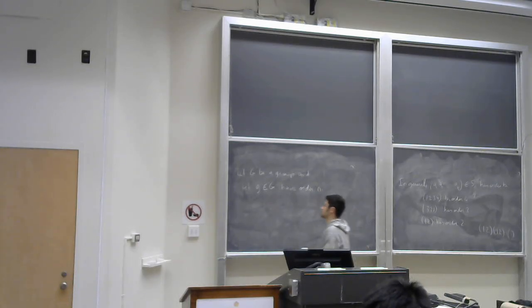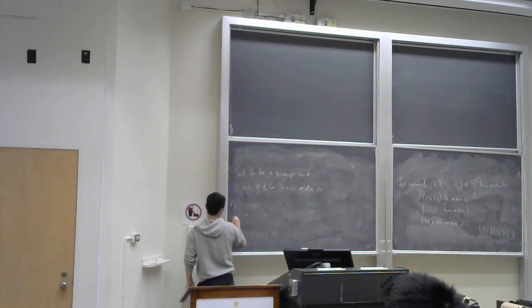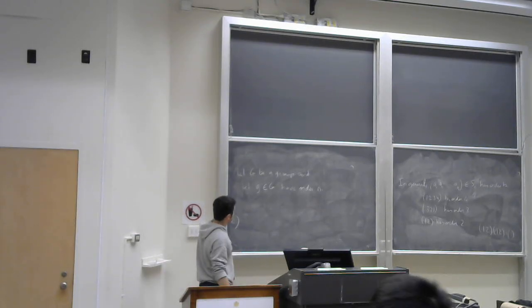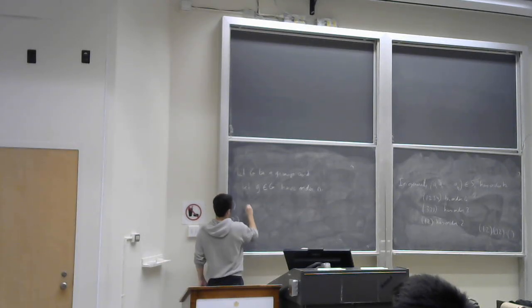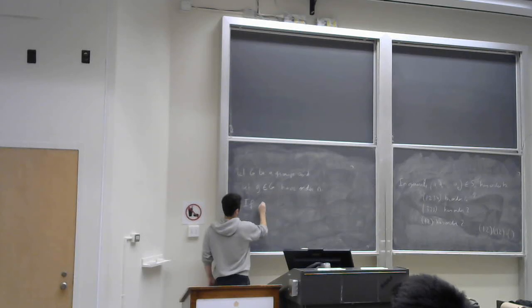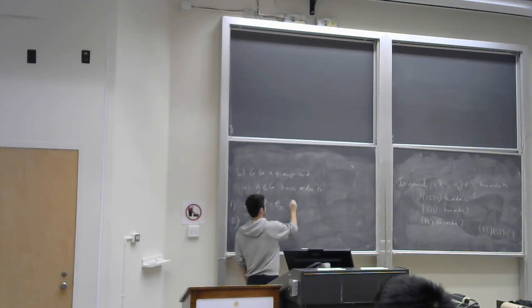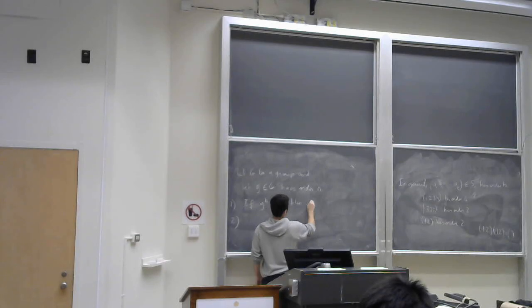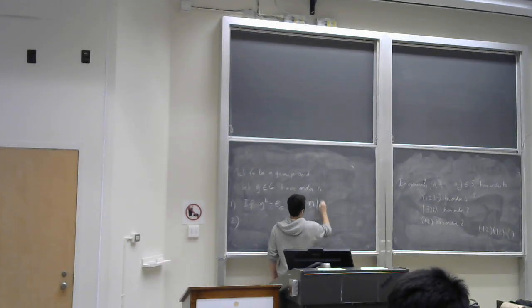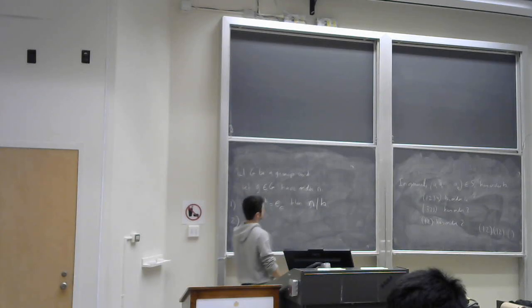Then the following holds. If g to the k is equal to the identity, then n will divide k.